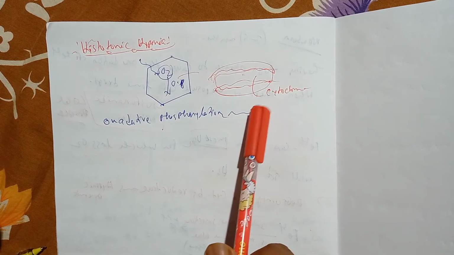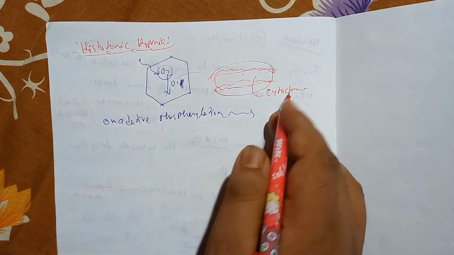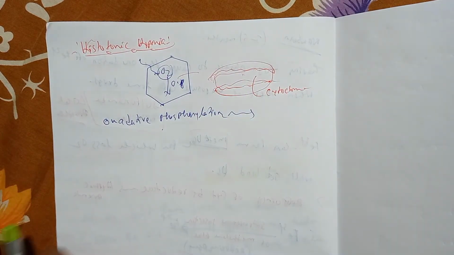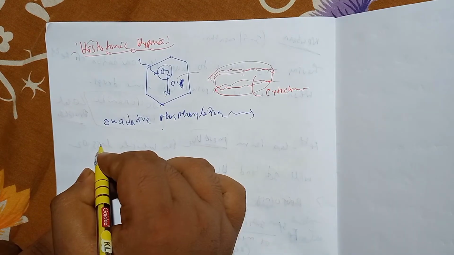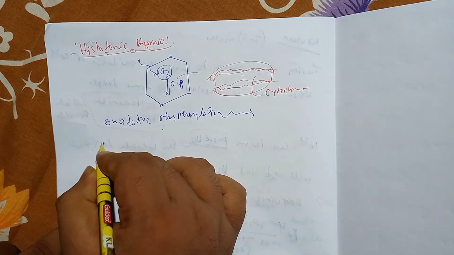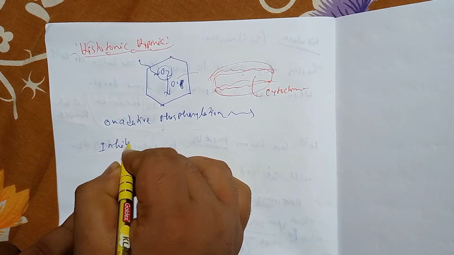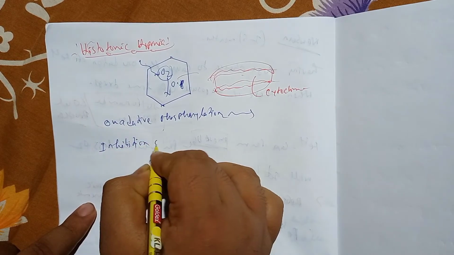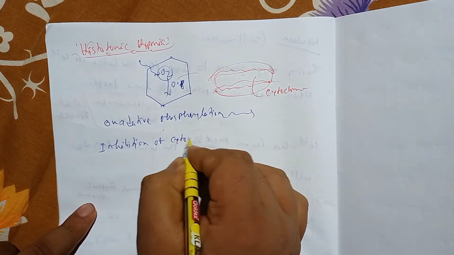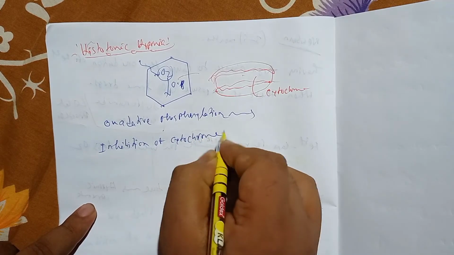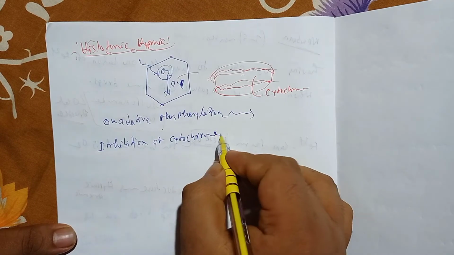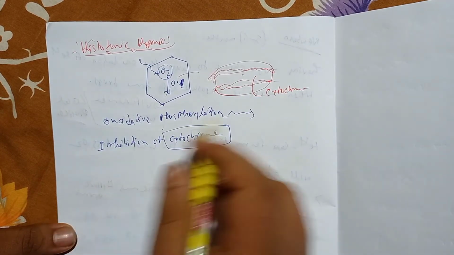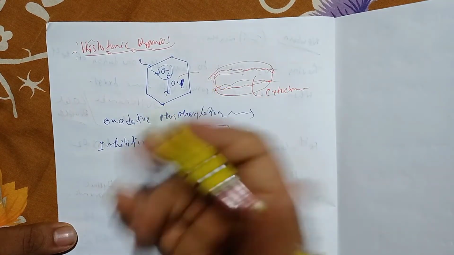Then in the oxidative phosphorylation, cytochrome, what happens in these cases is there will be poisoning, we can say inhibition of cytochrome. If there is any inhibitory effect on the function of the cytochrome, then what? There will be histotoxic hypoxia.